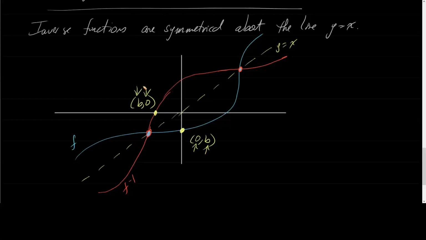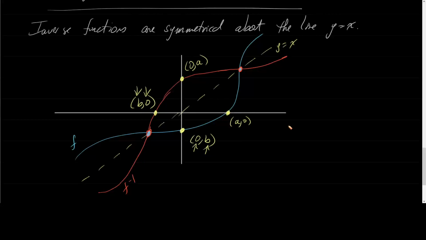All right, and that would be true for this one over here as well, for these two. Let's say that this one is at 0 comma a, then this one is going to be at a comma 0. All right, domain and the range switch.